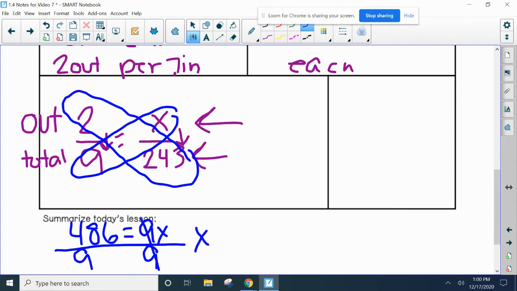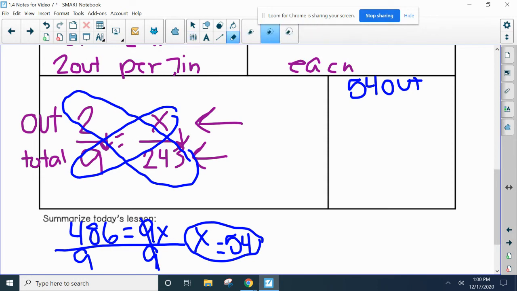And then I know that x is going to be 54. That's my answer. All right, so then I can go ahead and do the same thing for the other one.